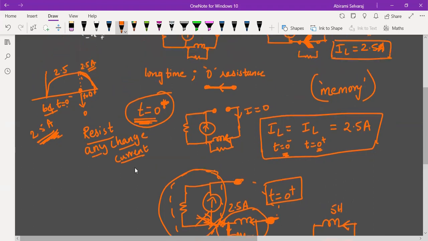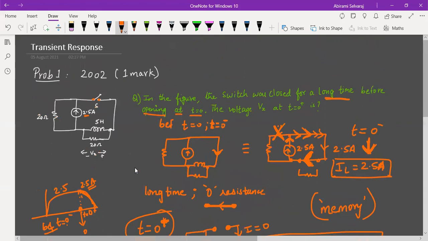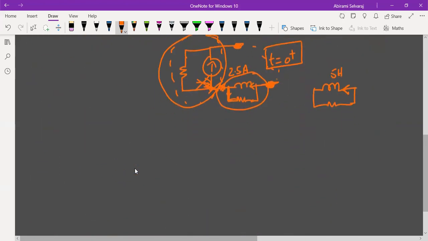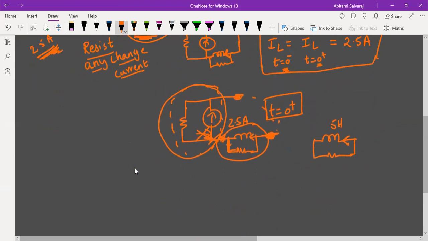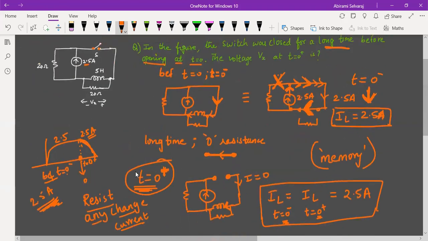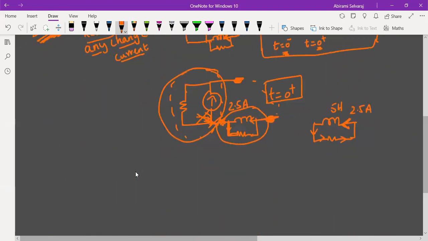The initial current direction at t equal to 0 minus was coming from right to left, so I'm putting the same direction. How much current? 2.5 amperes. Where can it go? All it can go is to this resistor, whose value is 20 ohms.